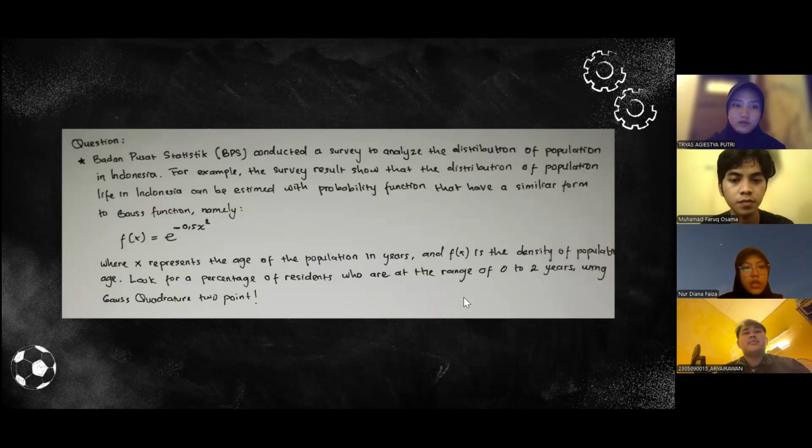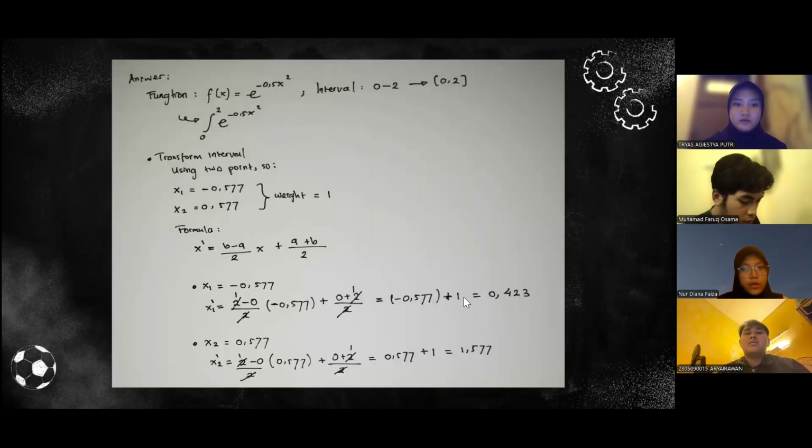0.5 x to the power of 2, where x represents the age of the population in years and f(x) is the density of population age. Look for the percentage of residents in the range of 0 to 2 years with Gauss quadrature 2 point. The solution of this equation is like this.